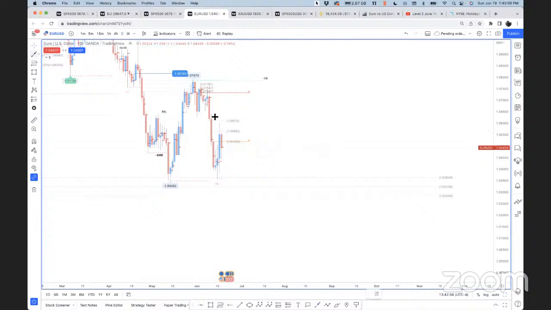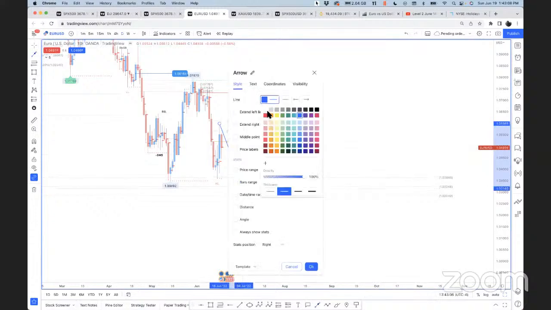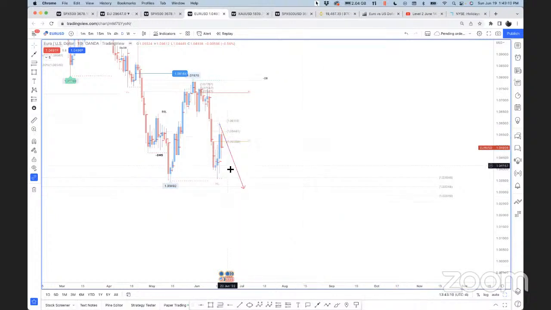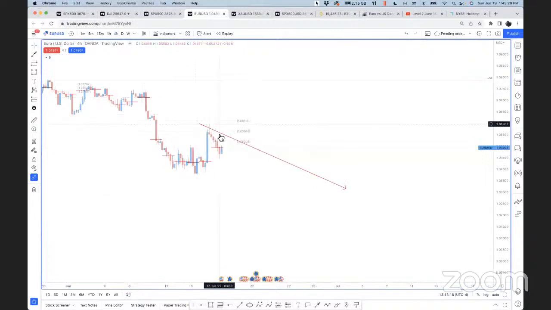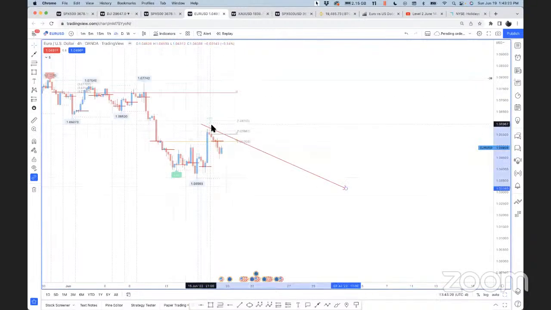So with dollar going up, I'm thinking GU and EU come down into this area of liquidity to take out these lows right here, down to the 2.5 area. So it's looking like we're lining up with this on the lower time frames.